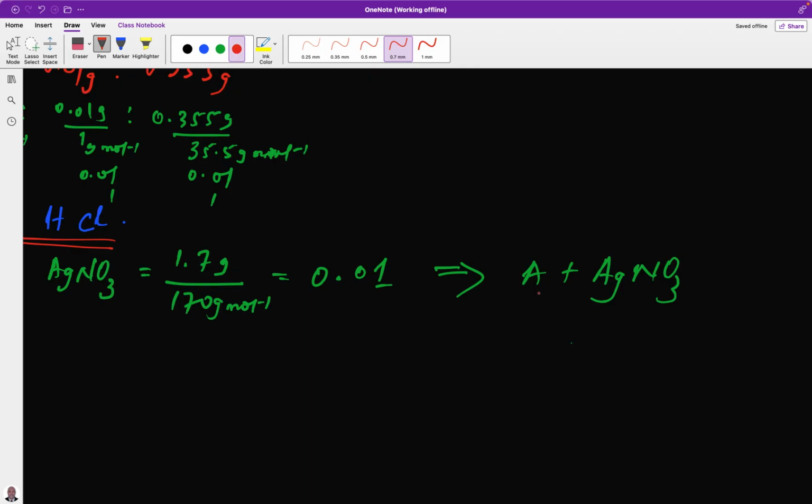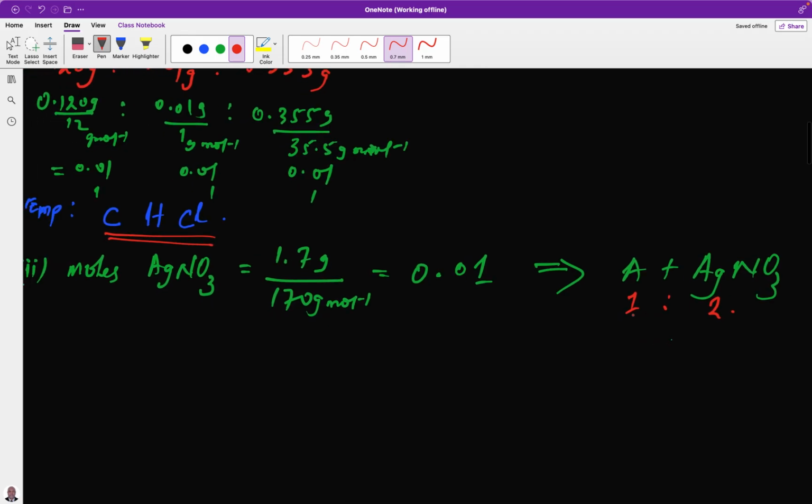In the ratio 1:2. Okay, we want to make use of this information. We can now say, by simple proportion, 2 moles of silver nitrate can react with 1 mole of A.